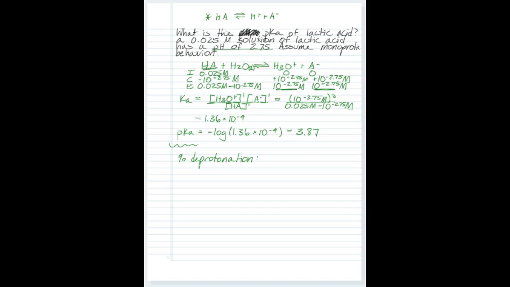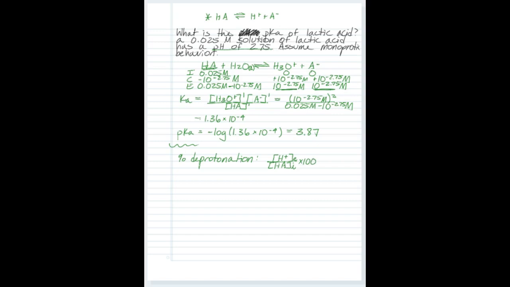All we have to do for this one is just take the concentration of our H+ that has come off, and I'm writing it as H+ just to illustrate this a little bit more clearly. You can also put H3O+, of course, over the initial concentration of my acid. So this is the equilibrium value of H+, and then my initial concentration of HA. Multiply that by 100 to give it a percentage value.